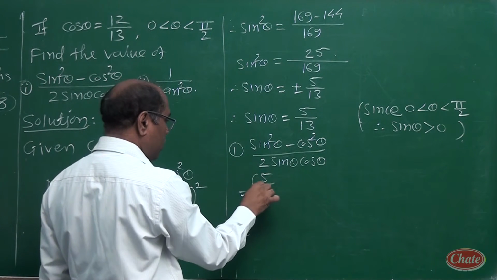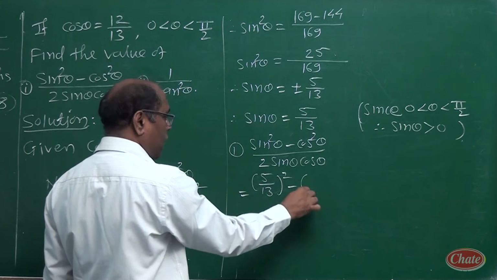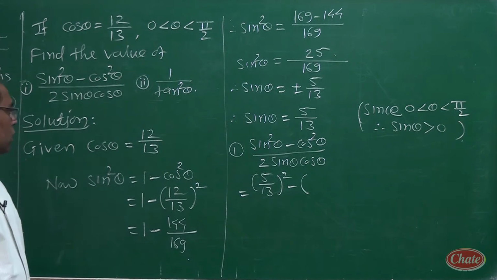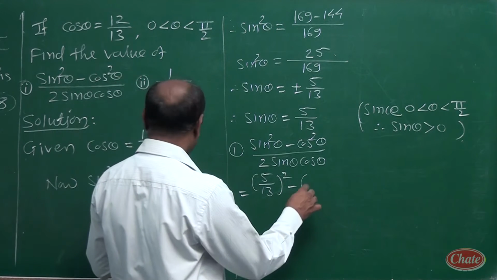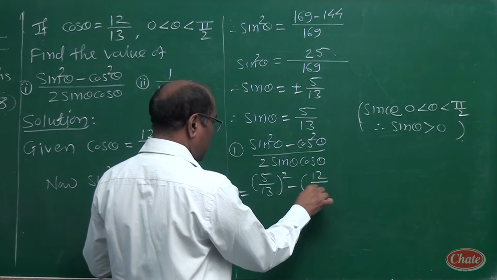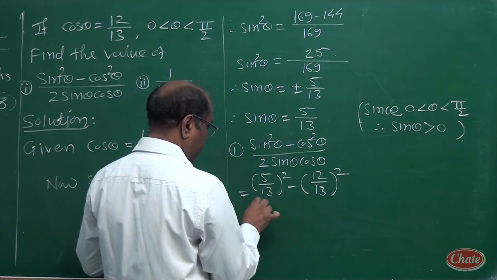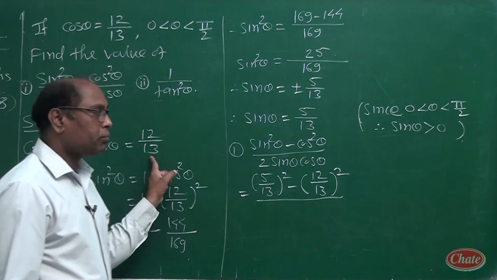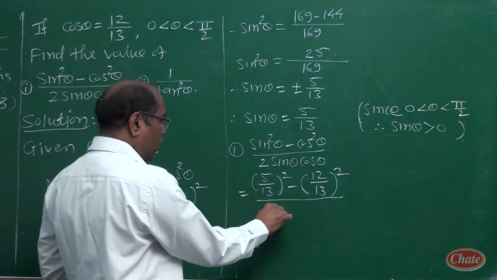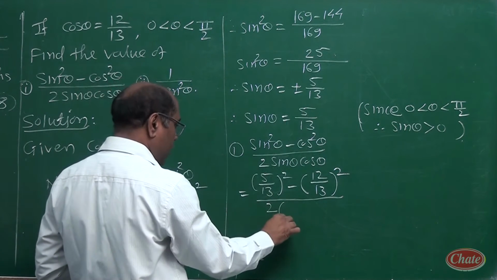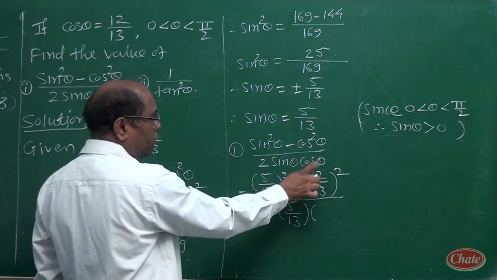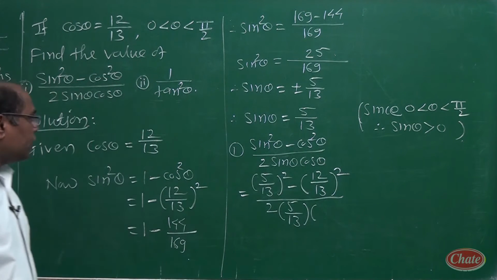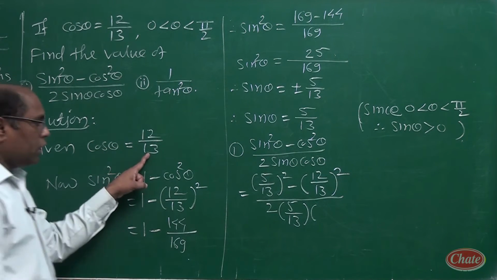So (5 upon 13) square minus, what is cos theta? The value of cos theta is 12 upon 13, so (12 upon 13) whole square, divided by 2 into 5 upon 13 into 12 upon 13.